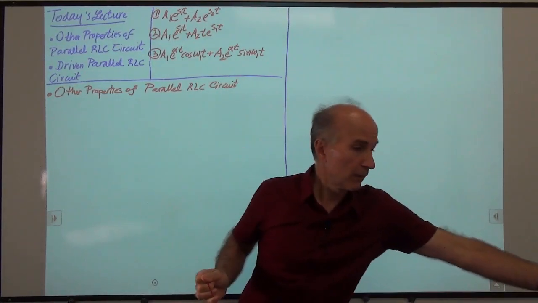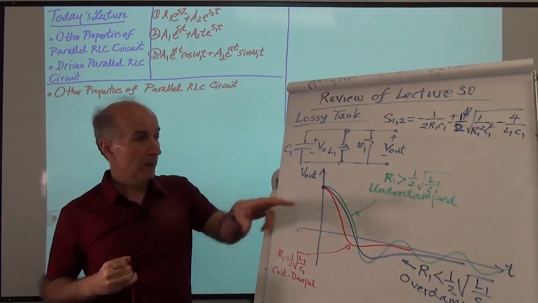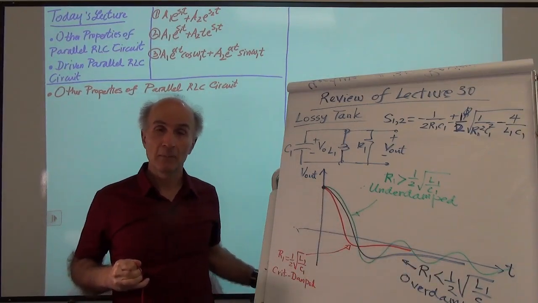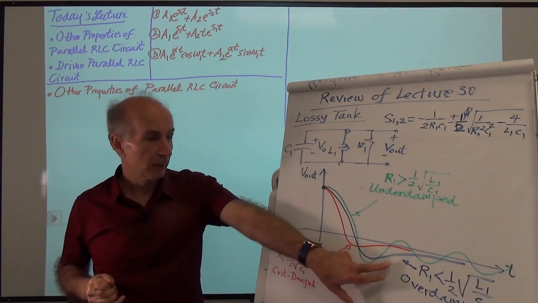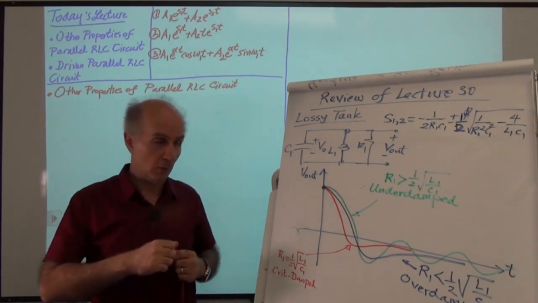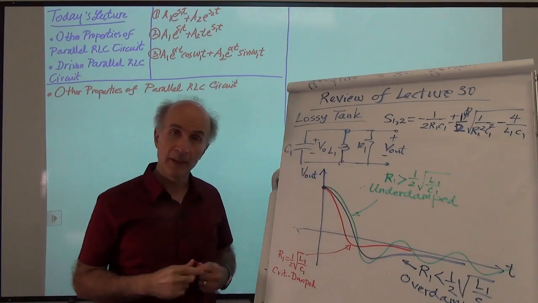So if you remember from these plots, you see that only for the green plot, when this condition holds, do we have this type of swing before it dies. For the critically damped, and for the overdamped case, we have only a slight undershoot, if you will, meaning that we go below zero a little bit and then we settle, right?